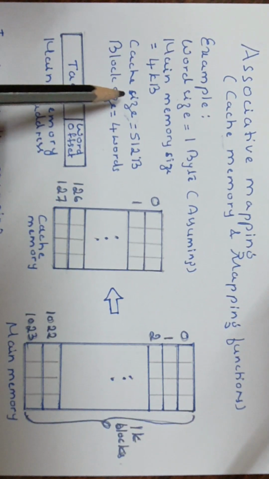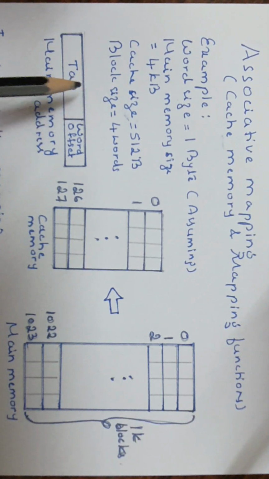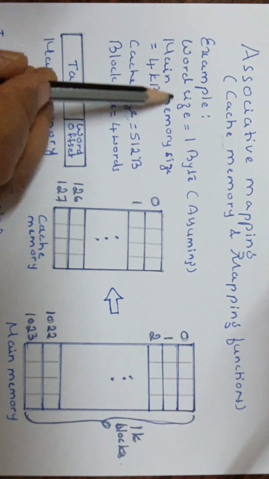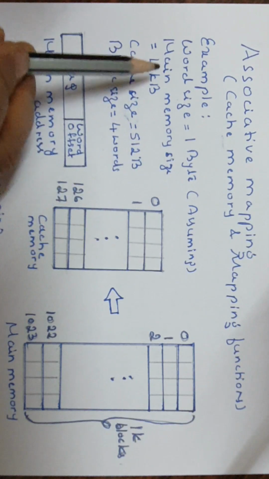For this, I will take the same example which I had taken for direct mapping, so that we can compare both. In the example, word size is taken to be equal to 1 byte.